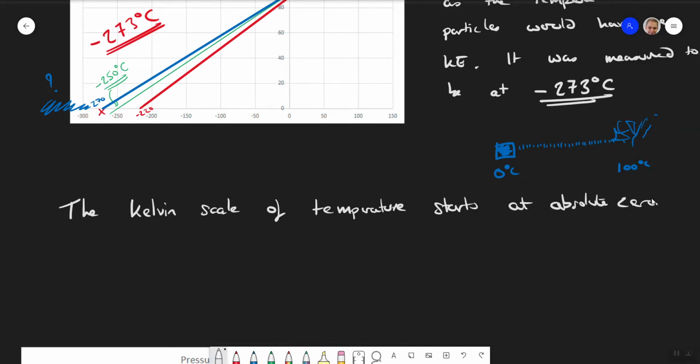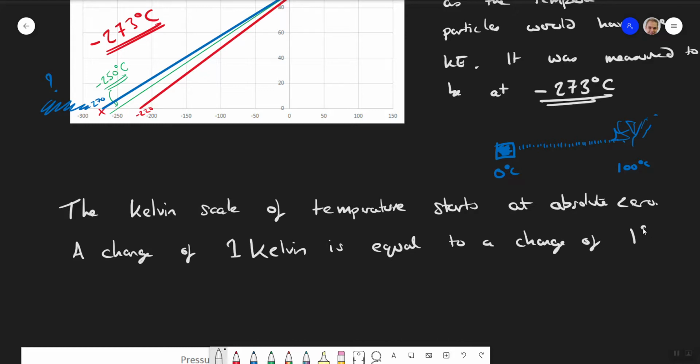Okay, so the Kelvin scale of temperature starts at absolute 0, but then happily tracks in line with Celsius. The physicists did a good thing. A change of 1 Kelvin is equal to a change of 1 degree C.